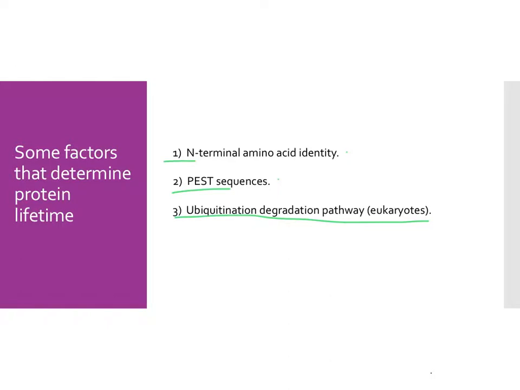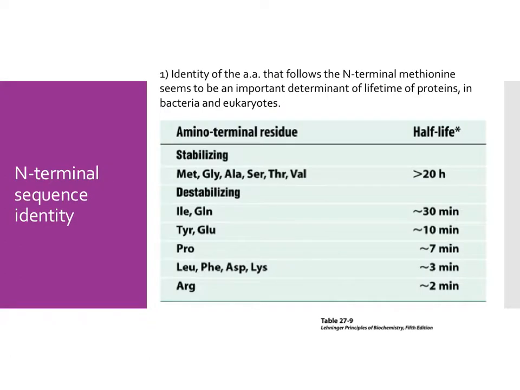We did run into those in Biochem 1 just a little bit, so I'm going to bring them back up. It turns out that the identity of the amino acid that follows the N-terminal methionine seems to be important in determining the half-life of a protein for bacteria and eukaryotes. Okay, so what does this mean?